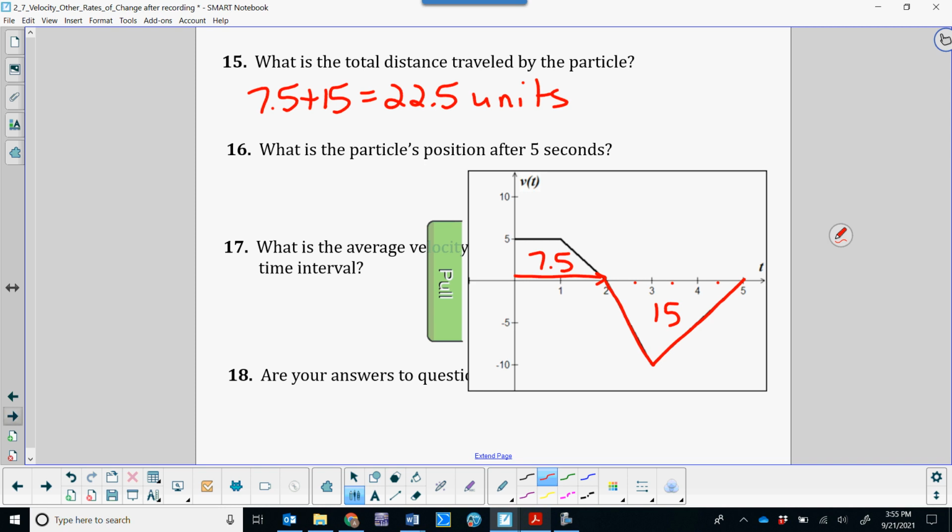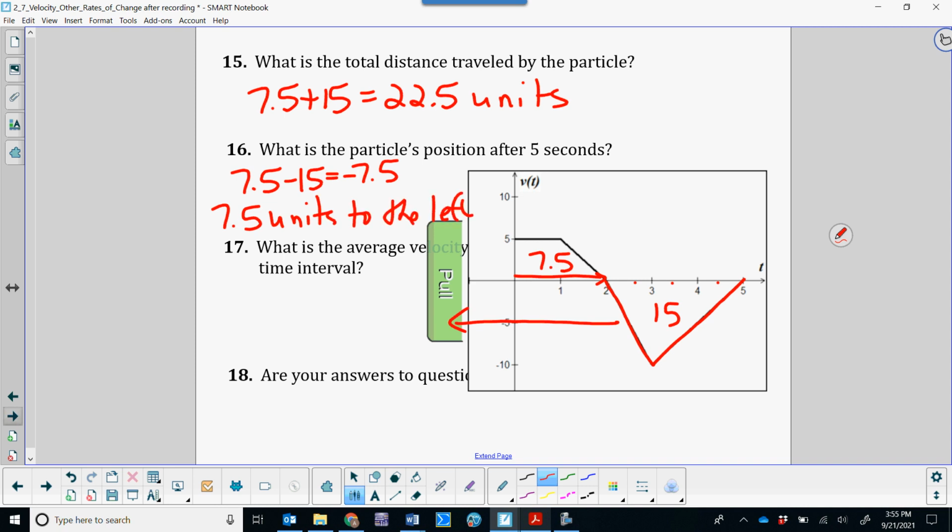All we know is it went 7.5 to the right, and then it went 15 to the left, because of the negative 15. So its position is 7.5 minus 15, which is negative 7.5, but that's not really the right answer. So we would say it is 7.5 units to the left.